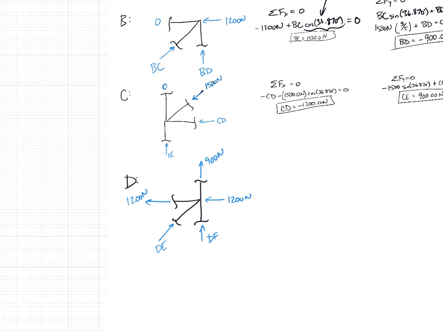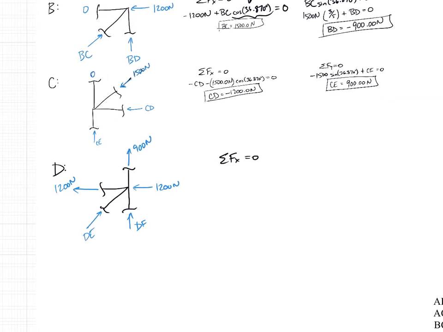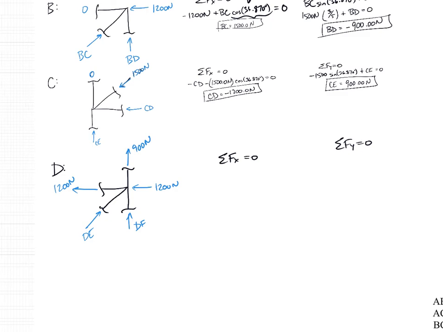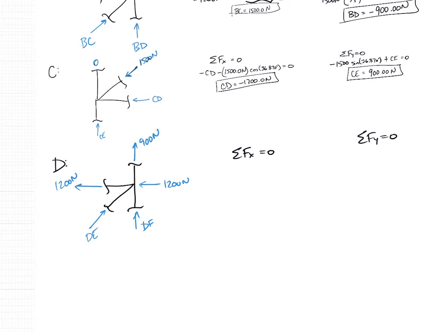All right, so here we go. We're going to go sum of the forces in the X equals 0, sum of the forces in the Y equals 0. Notice there's two unknowns in the Y, so we won't do that first. We'll do the X direction first. I've got negative 1200 newtons for this one, minus another 1200 newtons for this one, and plus DE times the cosine of 36.870 degrees equals 0.